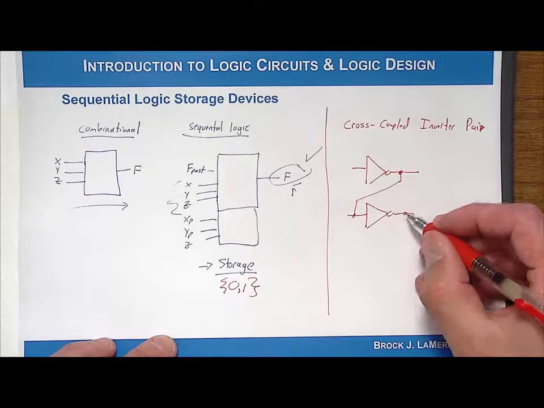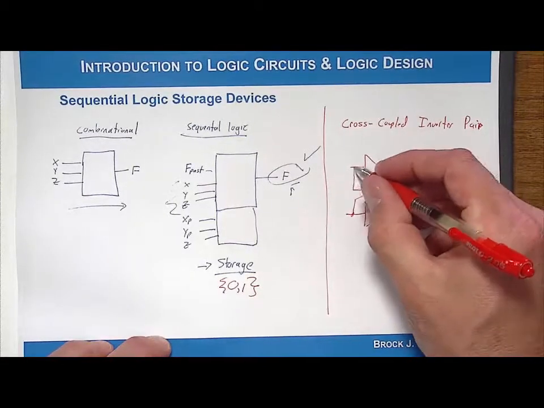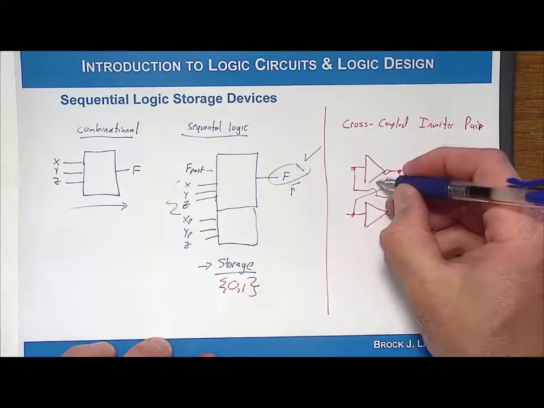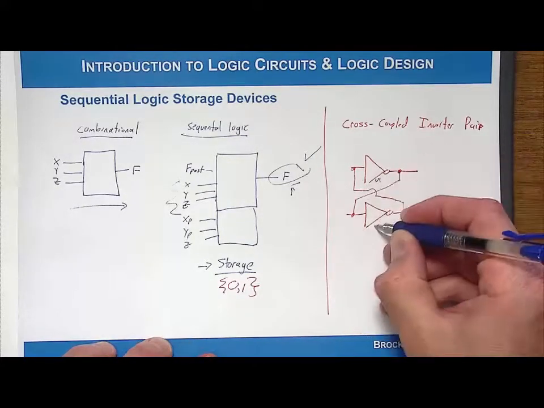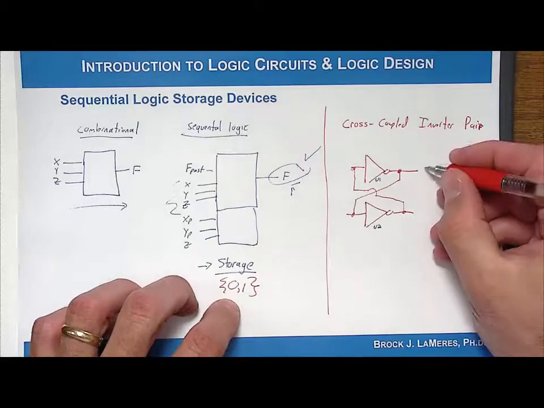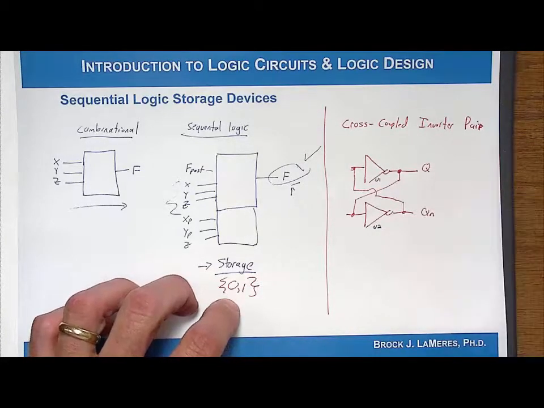Then I took the output of the other inverter and went back to the input of this inverter. Since we have two of the same basic gates, let's name them U1 and U2 just to keep them clear. Now let's give the outputs a name. Let's call this Q, and we'll call this Qn, and we'll see why we do that in a second.